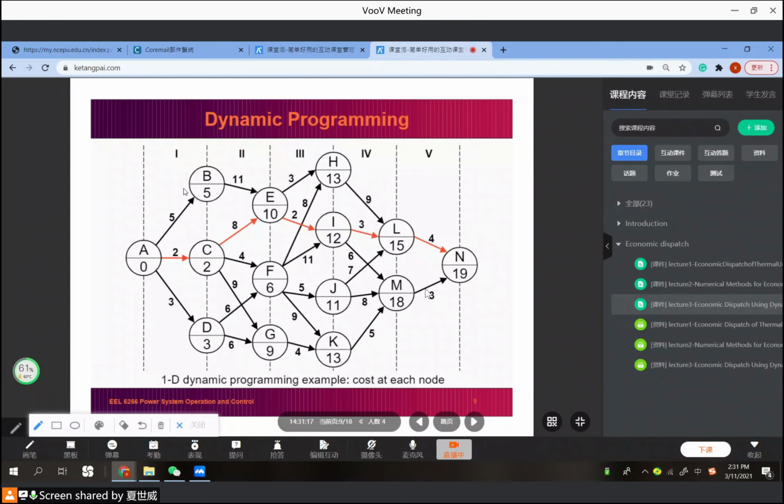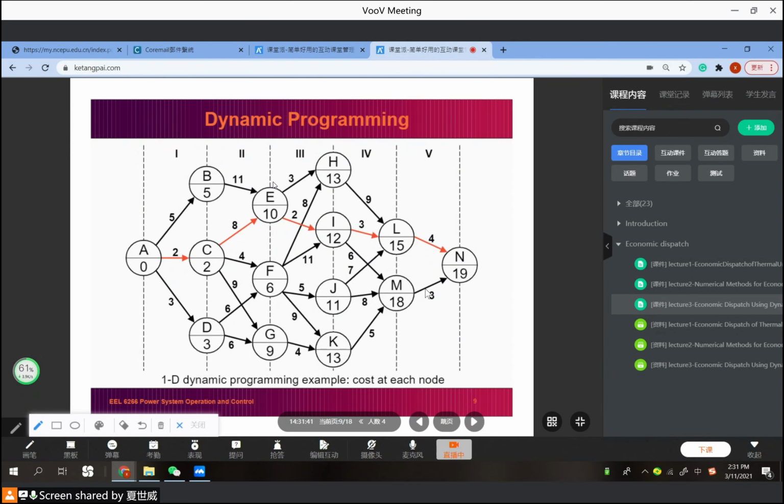That means you travel from A to B, the cost is 5. We put the red number here in the circle. So based on this number, we know that from A to B is 5, A to C is 2, A to D is 3. So we want to continue to go to the next stage.